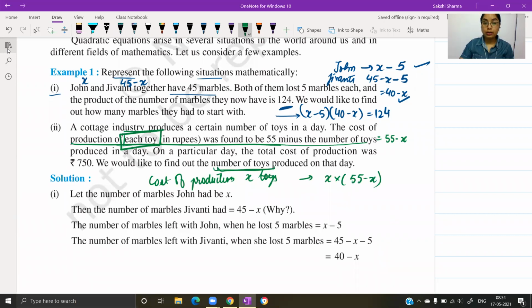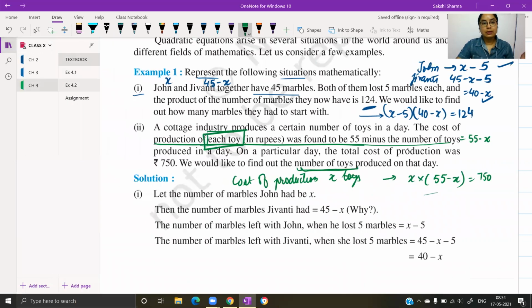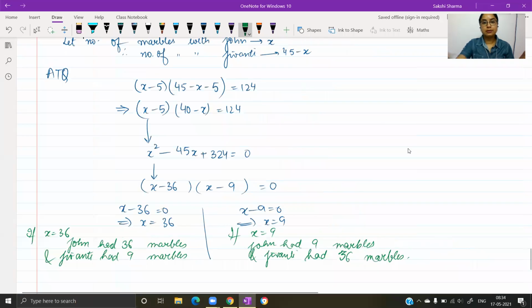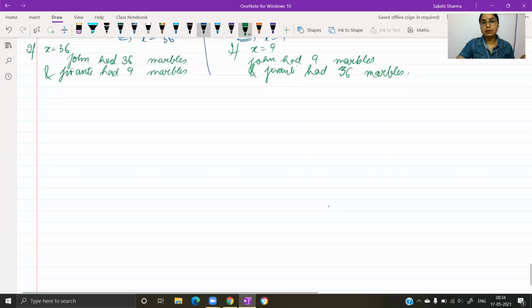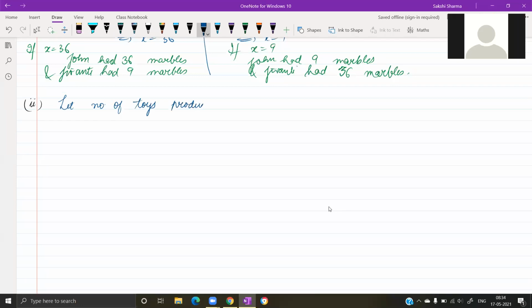And this cost, according to the question, is 750 rupees. So this will give you your quadratic equation. Solve it and find out x. Let the number of toys produced on that day.